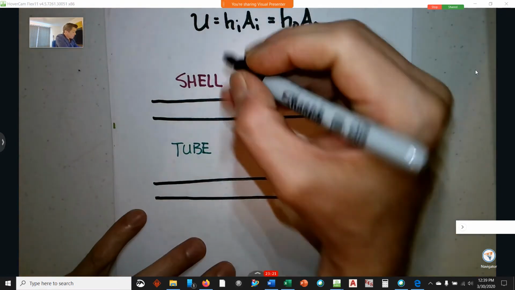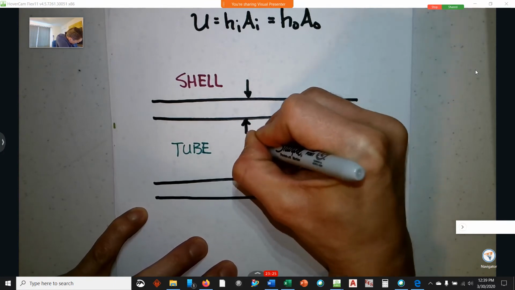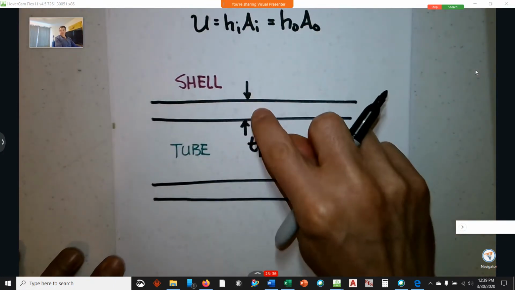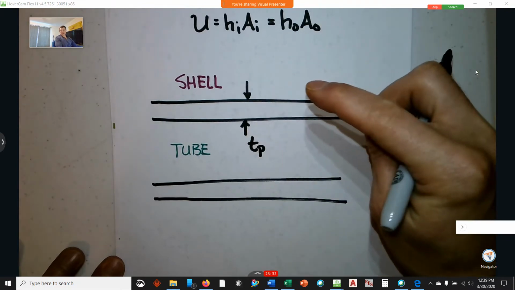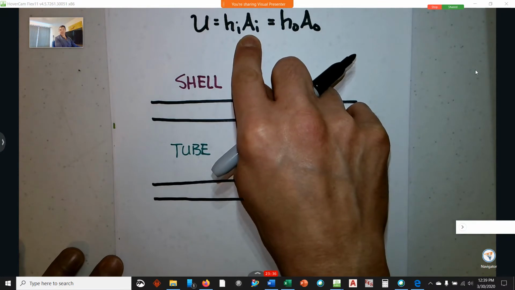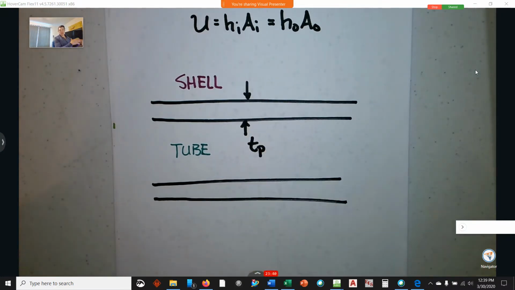This pipe has a measurable thickness. And so the outer area, if we calculate the outer area of the pipe, is different than the inner area of the pipe. If we have multiple runs, we can sum up all the inner and outer areas.